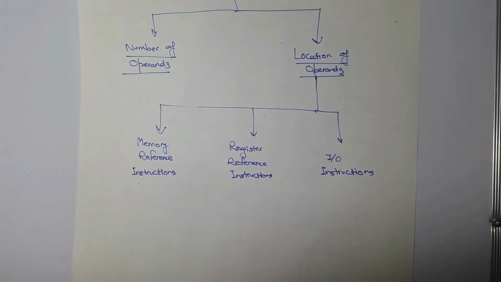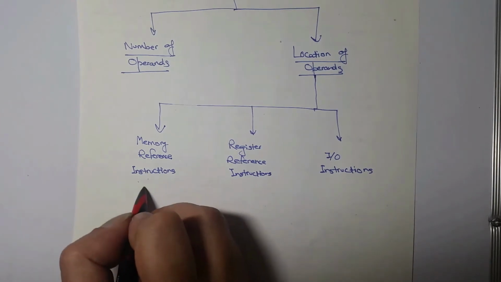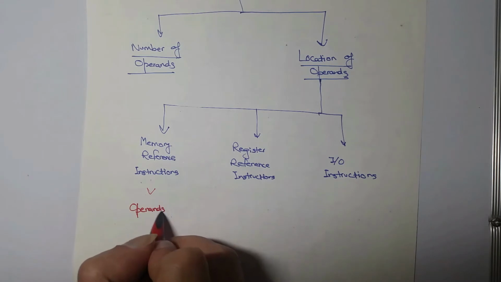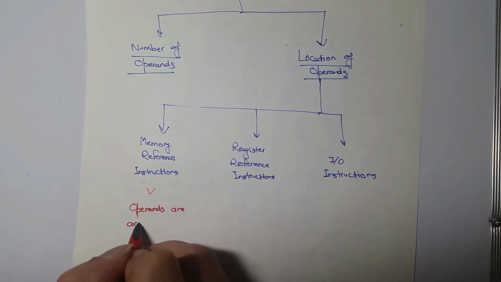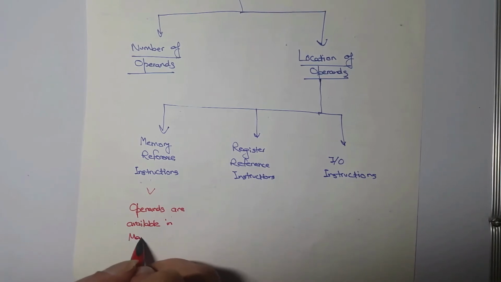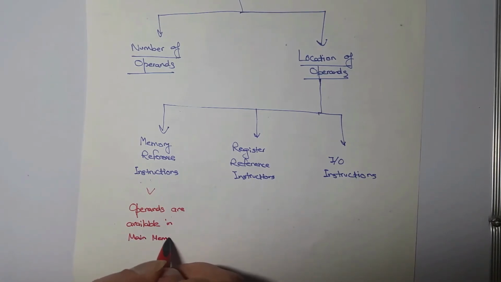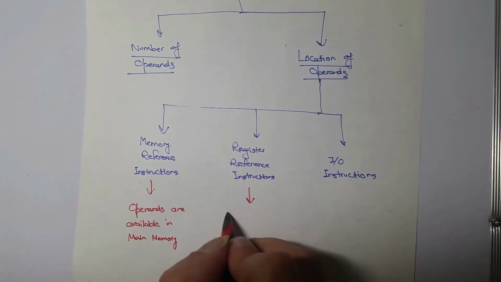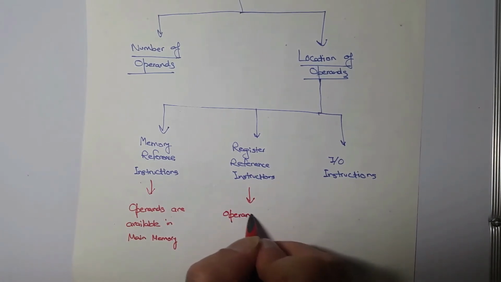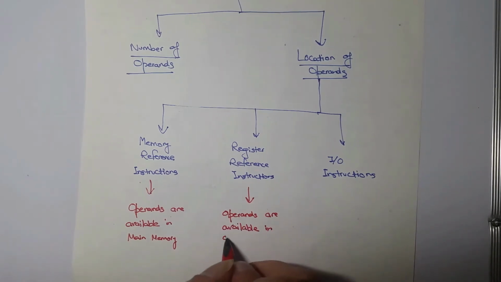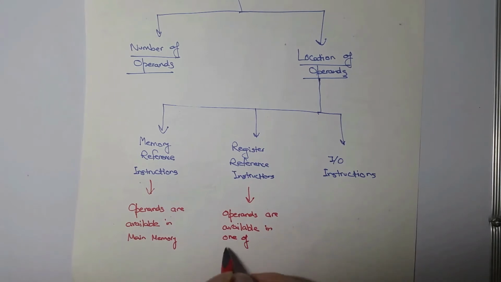What differs in all three is that in memory reference instructions, the operands are available in main memory. In register reference instructions, the operands are available in one of the processor's registers.